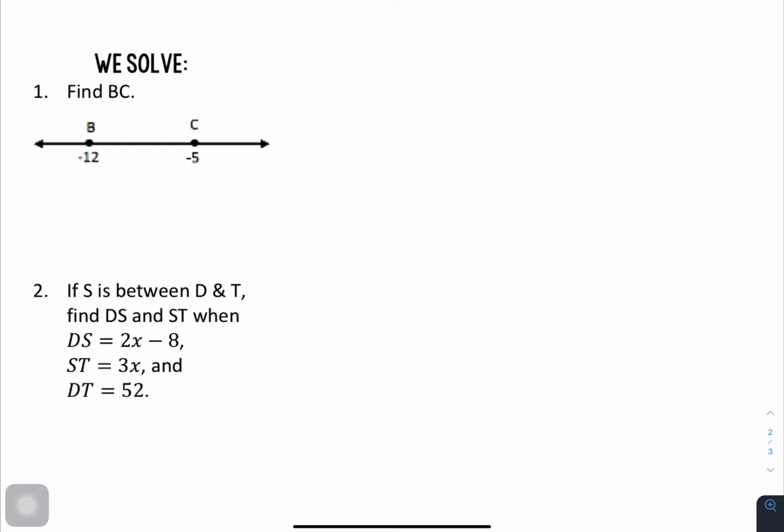Number 1, find BC. Find the distance between B and C. We know the distance formula: BC equals the absolute value. Distance or length cannot be negative. The absolute value of small b minus small c. Small b is the location of B. What is the location of B? -12.